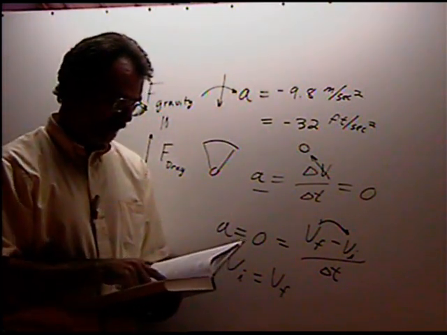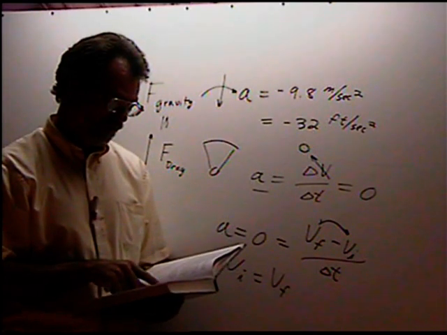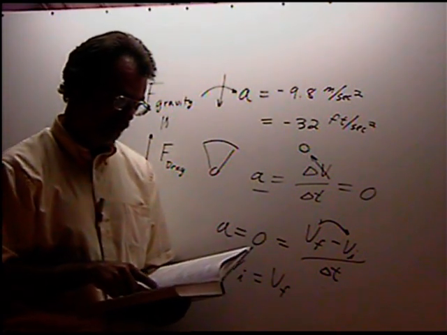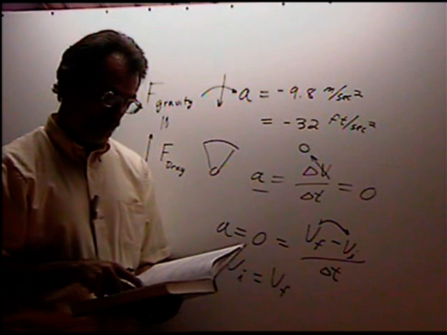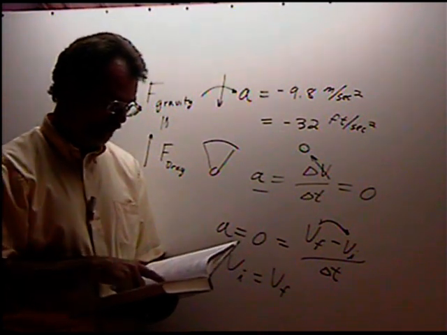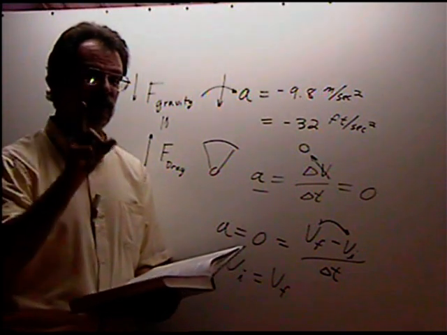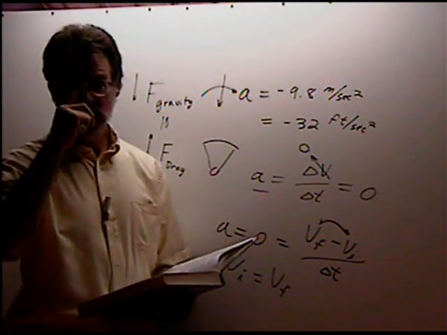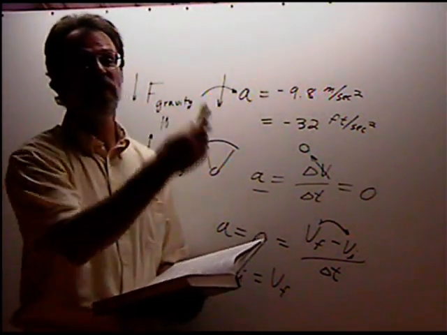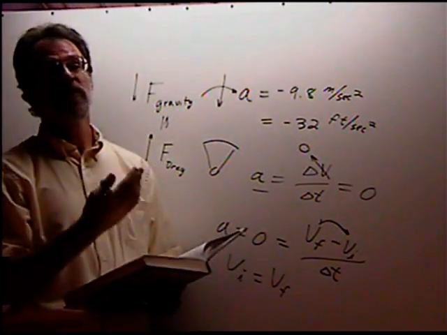Number 5, even though the physicist in question 4 is technically correct, explain why we can still assume that most objects falling near the surface are indeed in free fall. The reason is because in order to reach terminal velocity, you have to fall for thousands of feet.